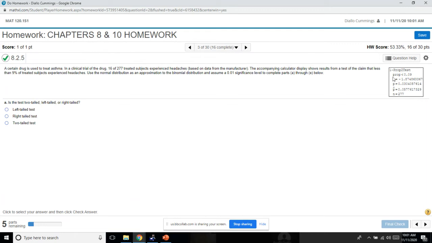So notice that we're given a problem and we're also given some statistics. Before we actually read through the problem, let's look at the given statistics. It's a 1 proportion z-test.